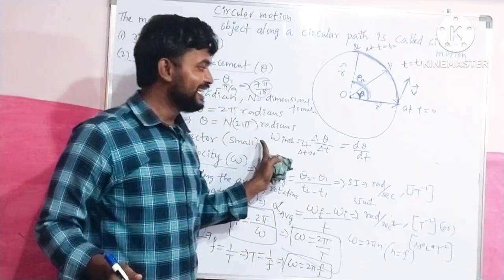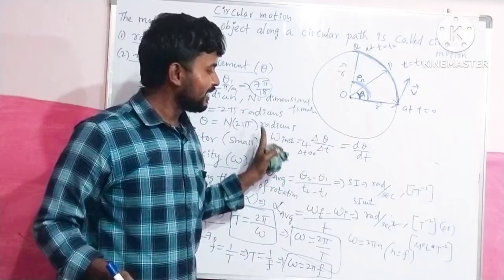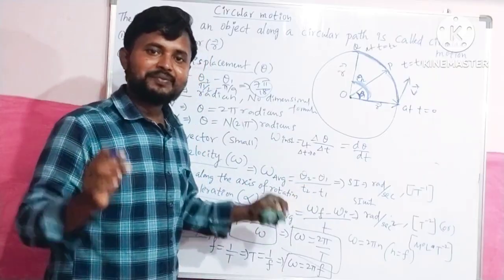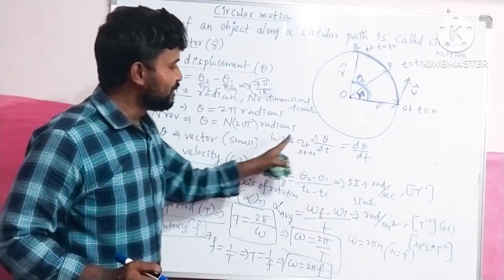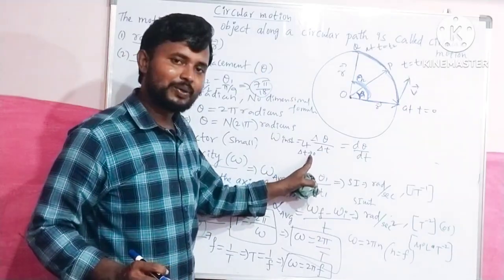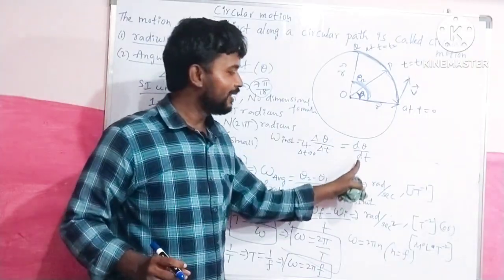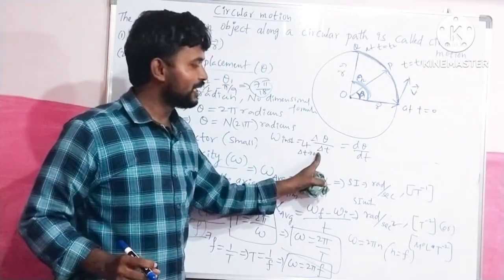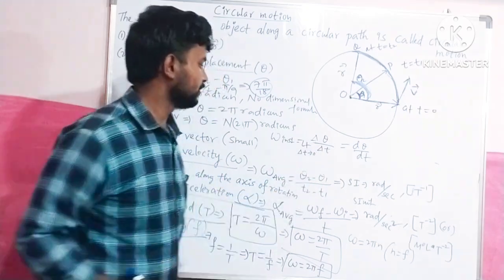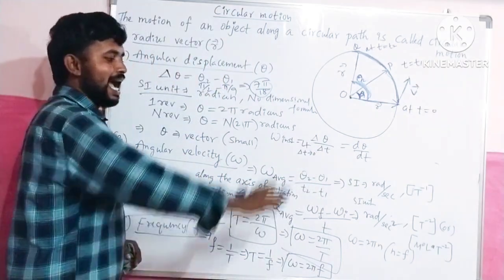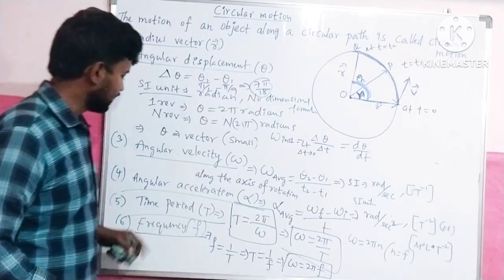This gives the instantaneous angular velocity. Instantaneous angular velocity ఎప్పుడు అంటే when the time limit tends to 0, limit delta t tends to 0, delta theta by delta t equal to d theta by dt. This gives the instantaneous angular velocity. Okay, now this is the angular kinematics in a circular motion.